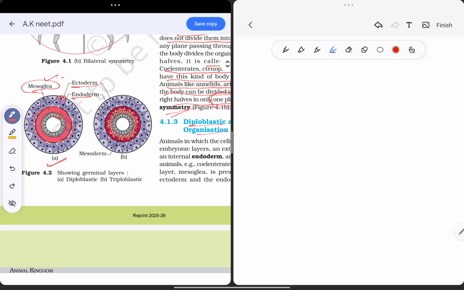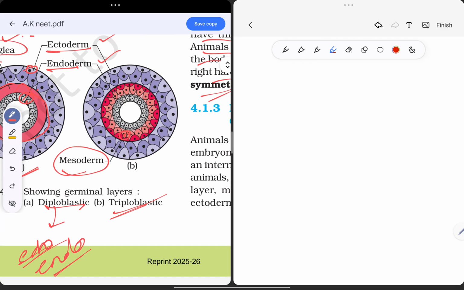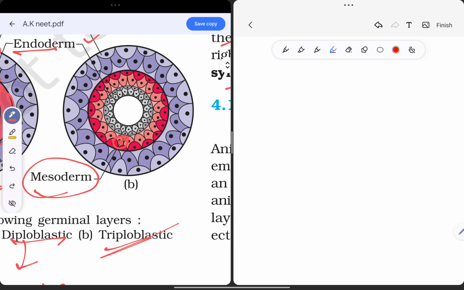It's not a layer. In the case of triploblastic, it has three layers: ectoderm, endoderm, and also mesoderm, which lies between the ectoderm and endoderm.